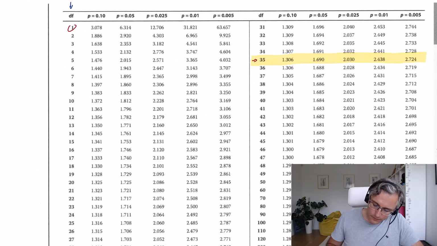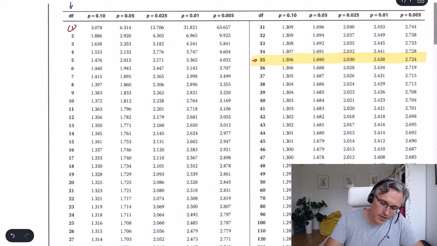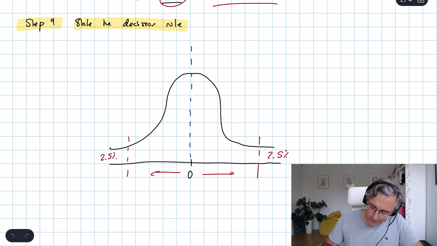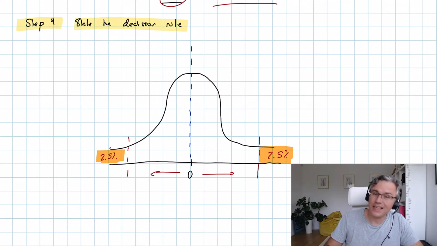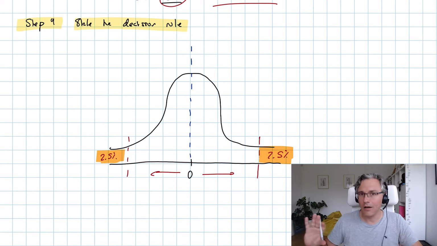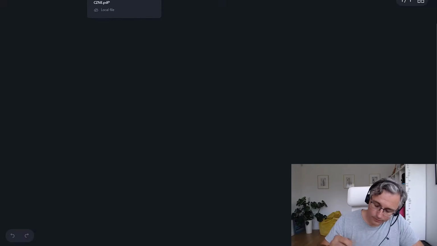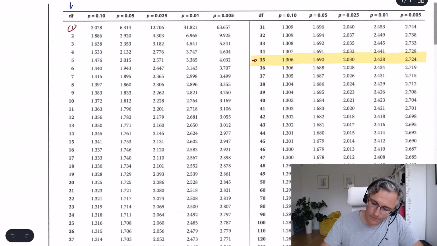And now, given what I said before about wanting to have 2.5% probability stuck in either tail, I need to look for the right column.